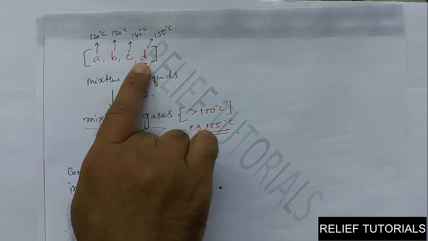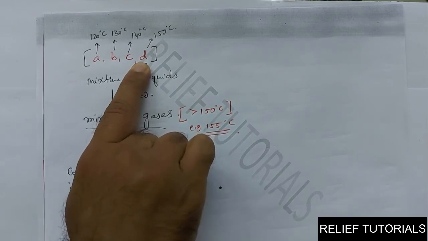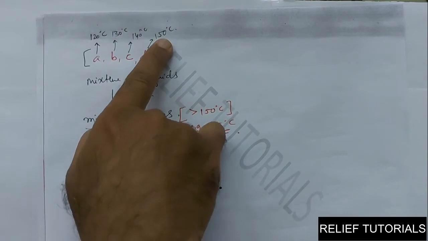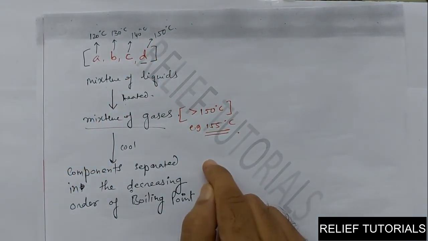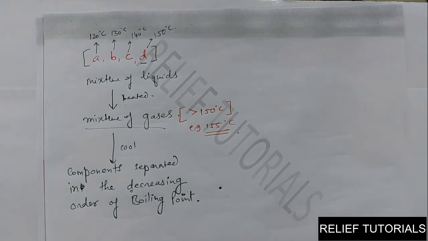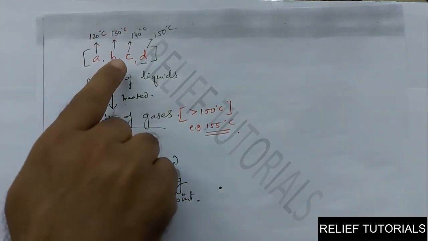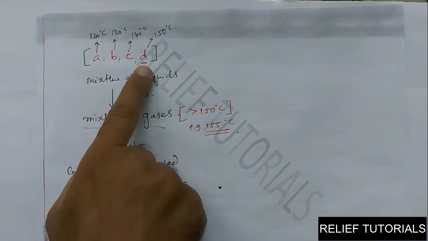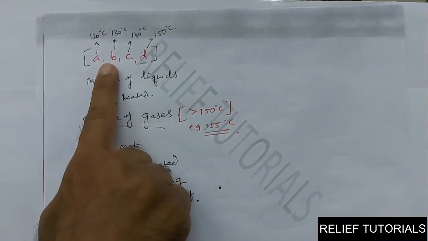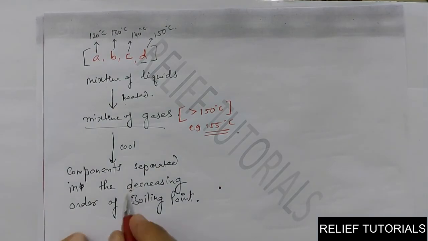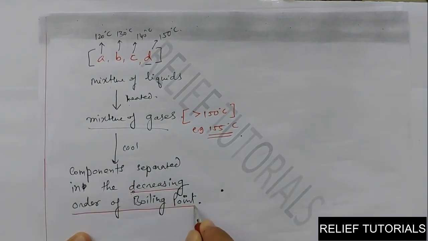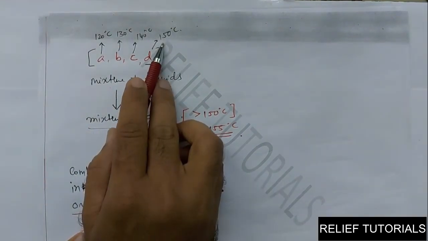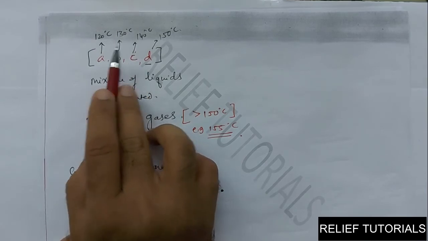So which component are you getting first? D, because it has the highest boiling point. Then the temperature reduces to 149, 148, 147. In the same way, when the temperature reaches 140, C will be taken out. So which one are you taking out first? D, then C, then B, and then A. So that is nothing but the decreasing order of boiling point. 150 first taken out, 140 second taken out, and this way.